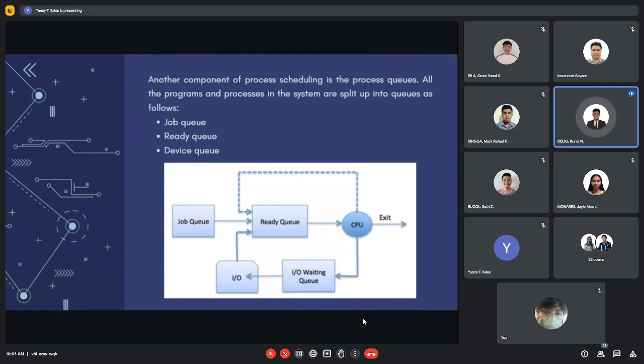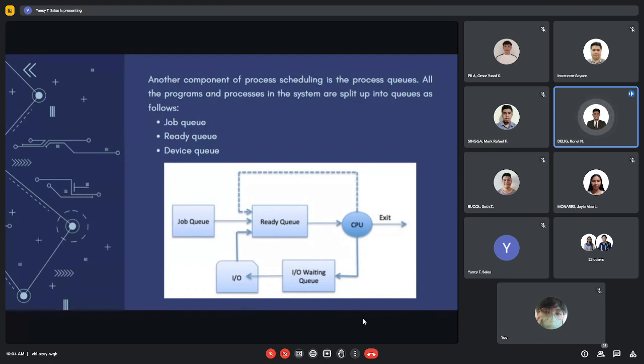And if that input-output device is available, it will be executed in the input-output and be back to the ready queue for it to be executed by the CPU and be terminated. So this is the basis, the basic process of the process scheduler or scheduling.